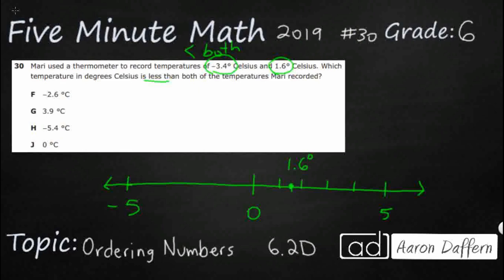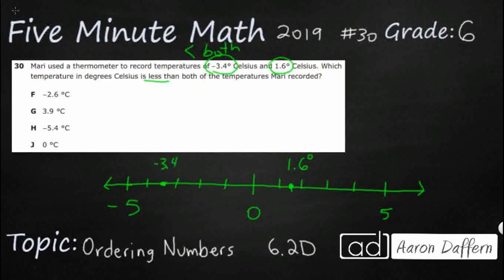Let's do the same thing for the negative 5. So negative 1, negative 2, negative 3, negative 4. My negative 3.4 is going to be right around here, almost in the middle, but not quite. And let's call this negative 3.4.